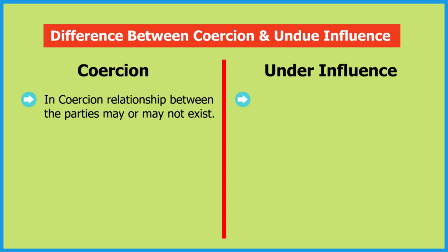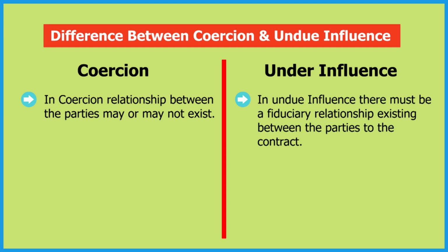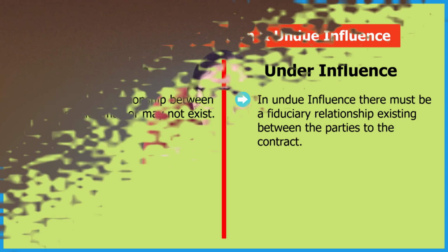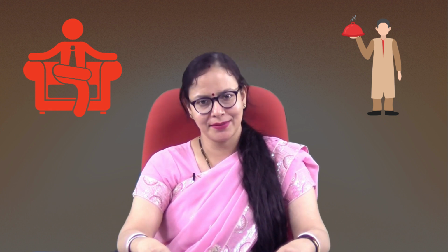But under undue influence, there must be a relationship between the parties. So relationship is very, very important. That means if I say there is a relationship between boss and servant, yes, only then is that boss able to use his position and power in an inappropriate manner.